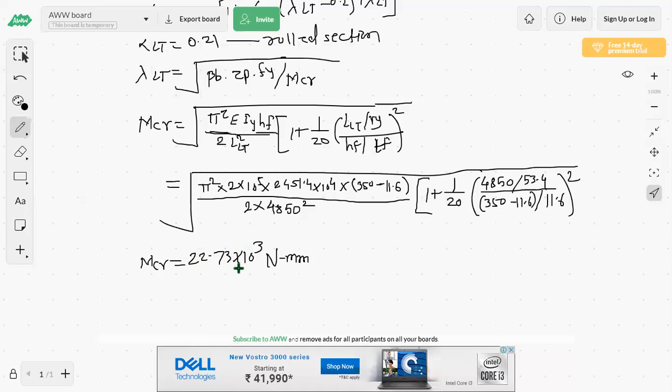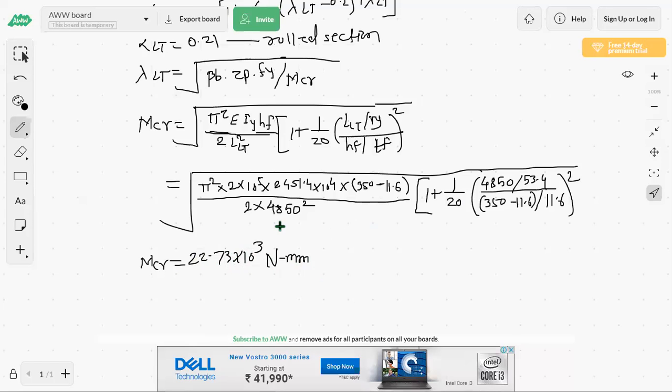So this may be because I don't have this problem, I have taken it from the book. Okay Swapnil, correct. So okay, 22.73 into 10 raised to 3 Newton mm.